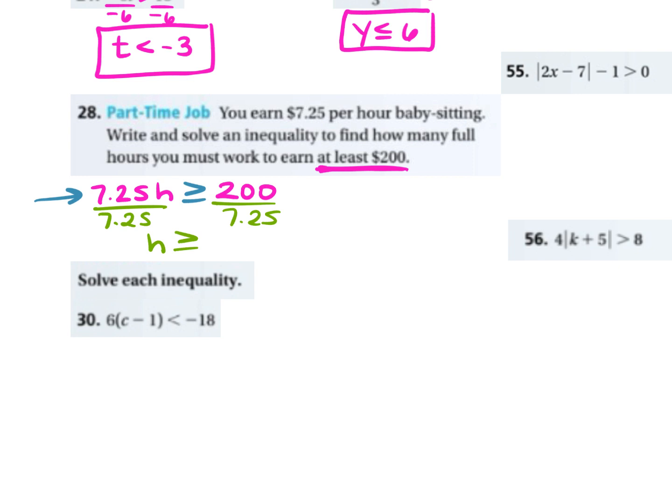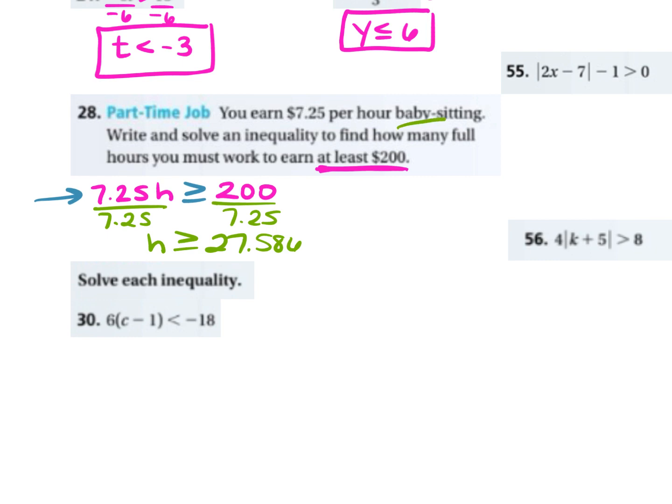What is 200 divided by 7.25, and you get 27.586. So the number of hours has to be greater than or equal to 27.5.